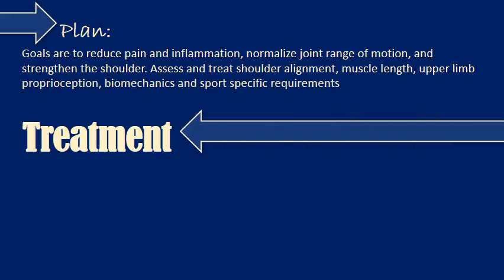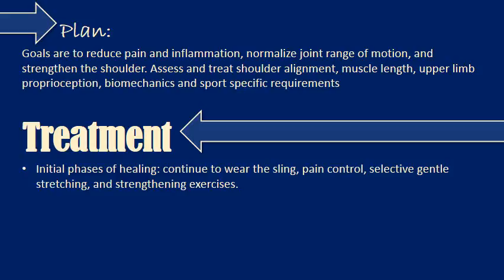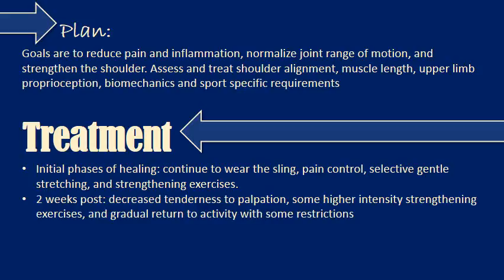Treatment. PT treatment for a patient like Jacob who sustained a type 3 injury may look as follows. During initial phases of healing, patients should continue wearing a sling. Pain control should be a priority, and PTs can help lead patients into selective gentle stretches and strengthening exercises. 2 weeks post-injury, patients should present with decreased tenderness to palpation.